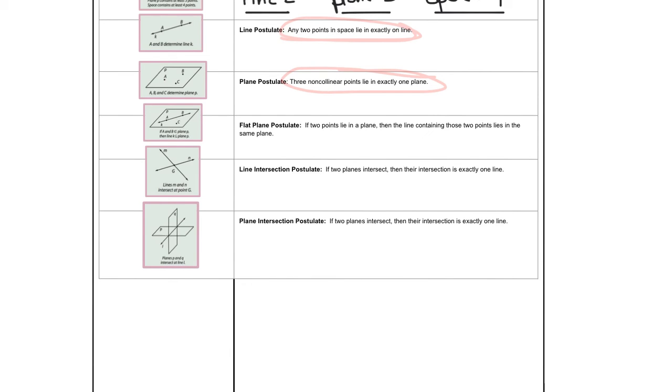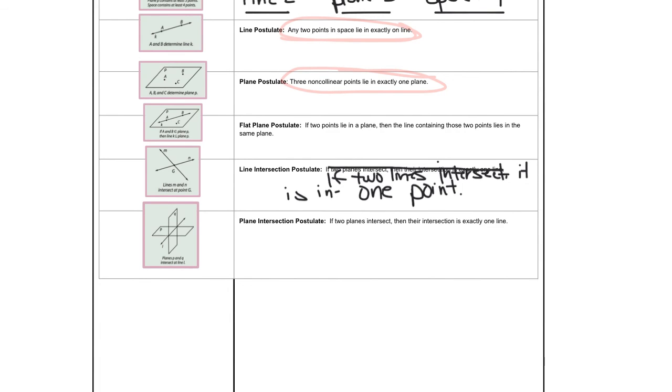Intersection postulate. I have a typo here, so let's adjust as we go. The line intersection postulate does not say that. I was typing something else. The line intersection postulate says if 2 lines intersect, it is in 1 point.